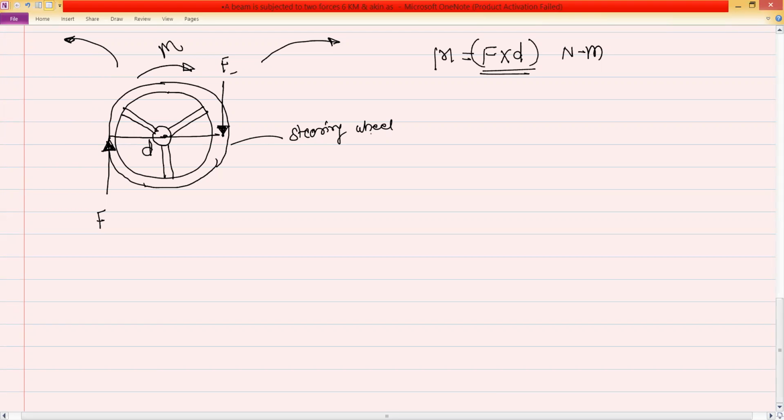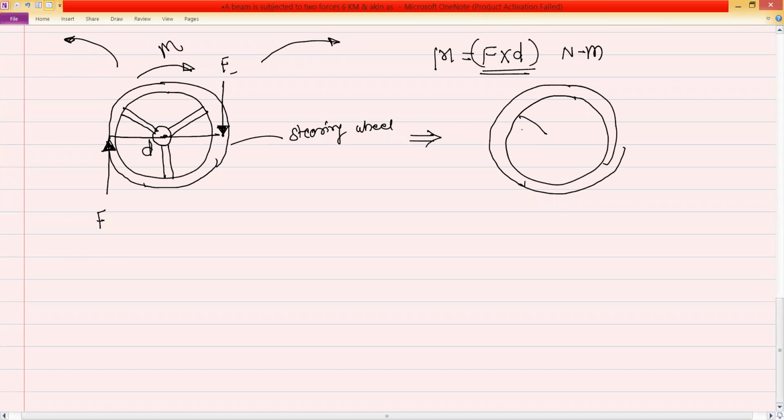So we can represent this complete effect, instead of forces, by showing only the couple, and we can give the magnitude M equal to F into perpendicular distance d.